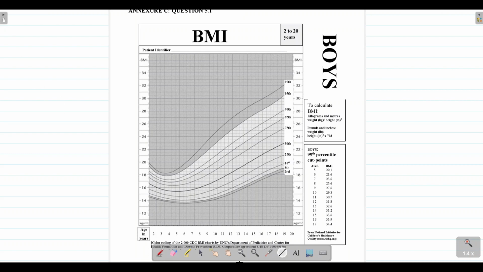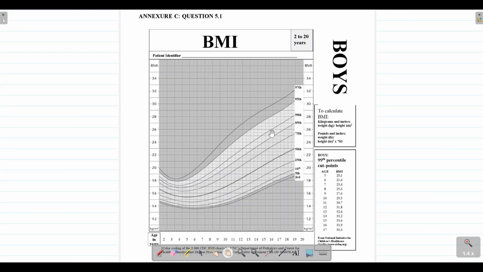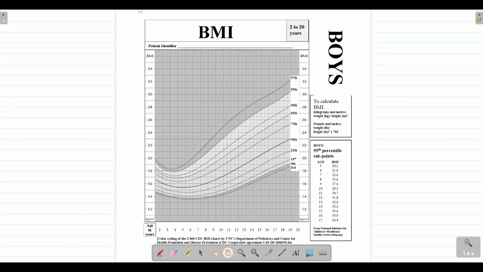So let's just have a quick look at this chart here and see what is given to us. Okay, so this chart basically represents the age in years on your x-axis, right? And then on your y-axis we have the BMI values, right? And we can see here that it shows that your unit of measurement for your body mass index is kilograms per meter squared.